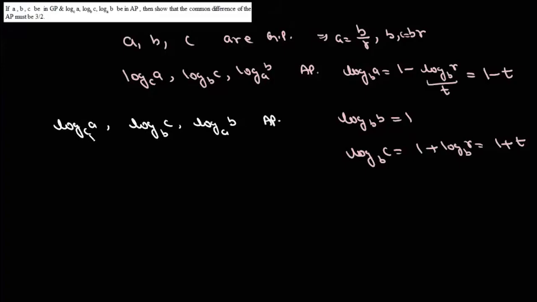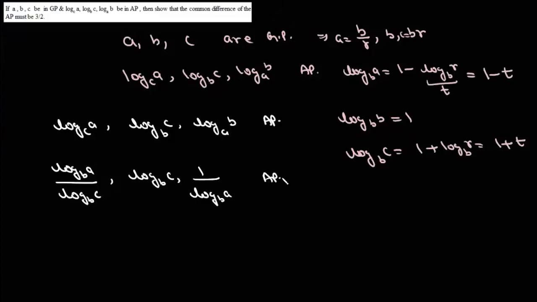Now we know that log A to the base C is log A upon log C to any base, and here we'll change the base to B. So we can simply write this as log A to the base B upon log C to the base B, and this is log C to the base B, and here it is log B to the base B, which is 1 upon log A to the base B, and they are in AP. Now log A is simply 1 minus T, and this is 1 plus T.